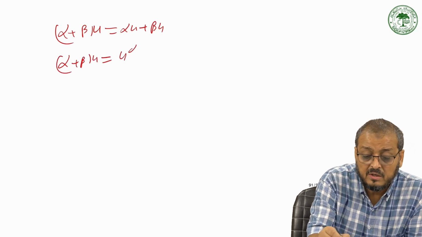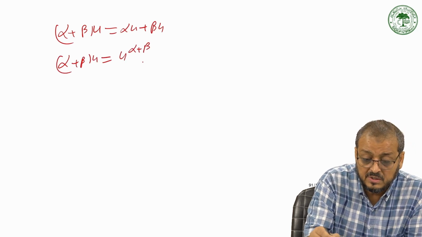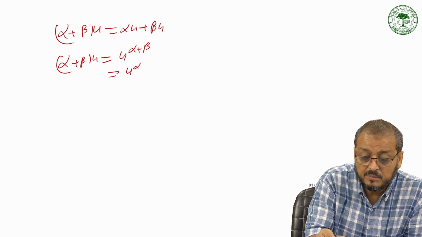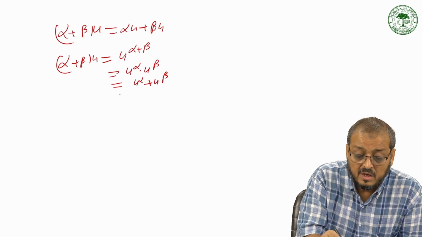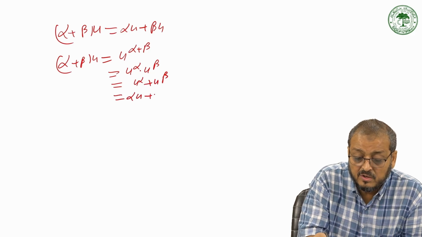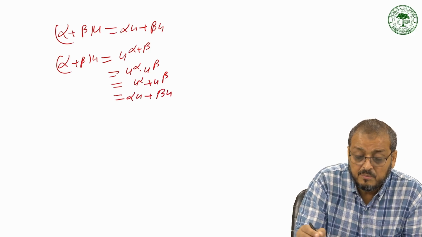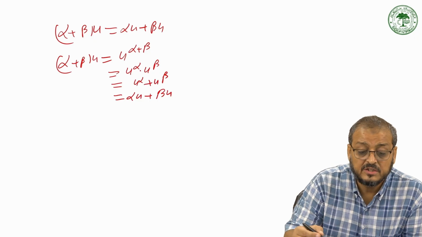By the property, u to the power alpha plus beta can be written as u to the power alpha into u to the power beta. By the addition property, this can be written as u to the power alpha plus u to the power beta, and this is nothing but alpha u plus beta u. So this is also satisfied in this case.